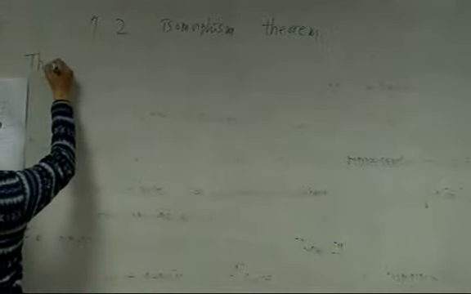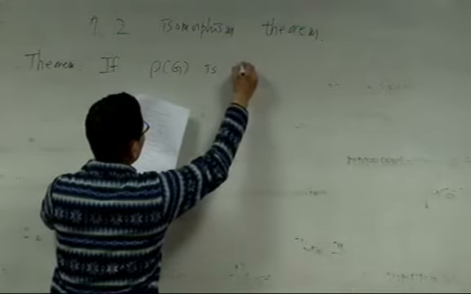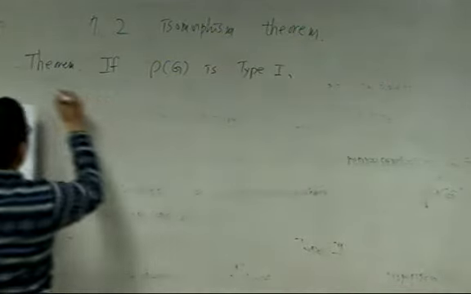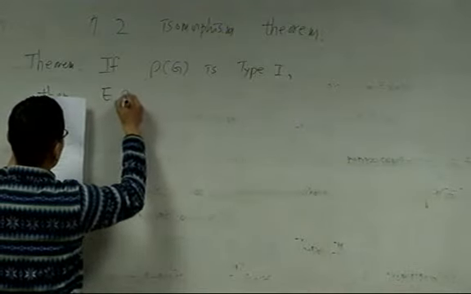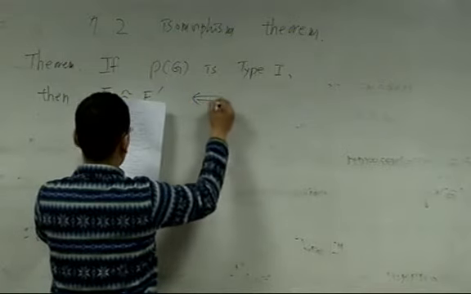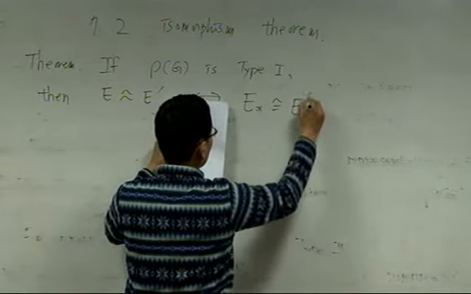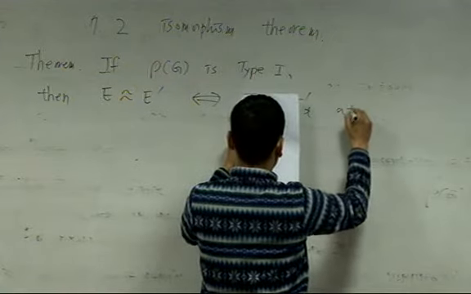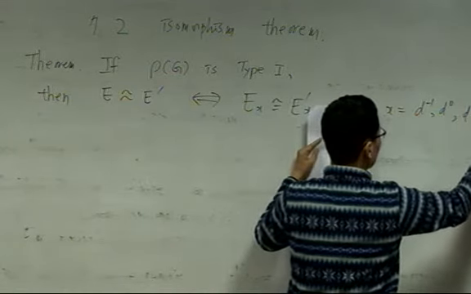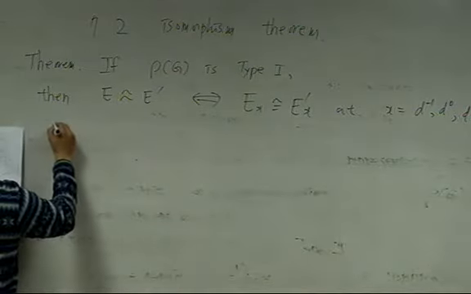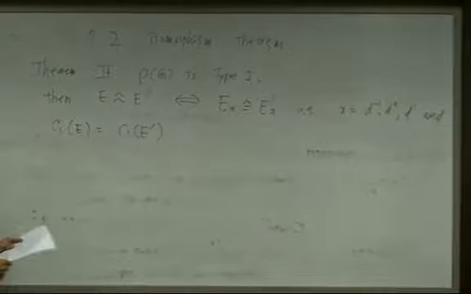First one: if the image rho(G) is type 1, then two equivariant vector bundles E and E' are isomorphic if and only if their isotropy representations E_x and E'_x are isomorphic at 3 points x equal to D_-1, D_0, D_1, and their Chern classes are equal, c1(E) equal to c1(E'). This is the isomorphism theorem.